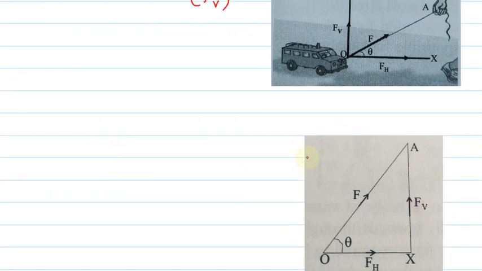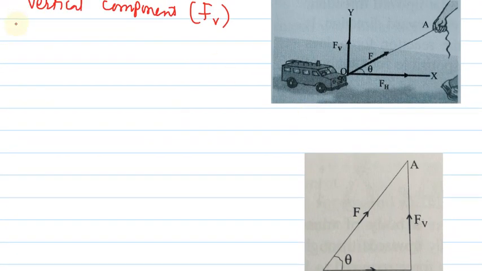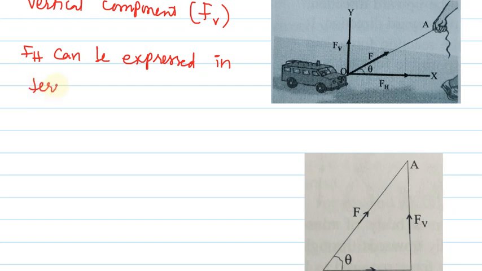Now, we can express FH in terms of F and theta. What is F? Resultant force F, and theta is the angle between the horizontal component of force and the resultant force, right?